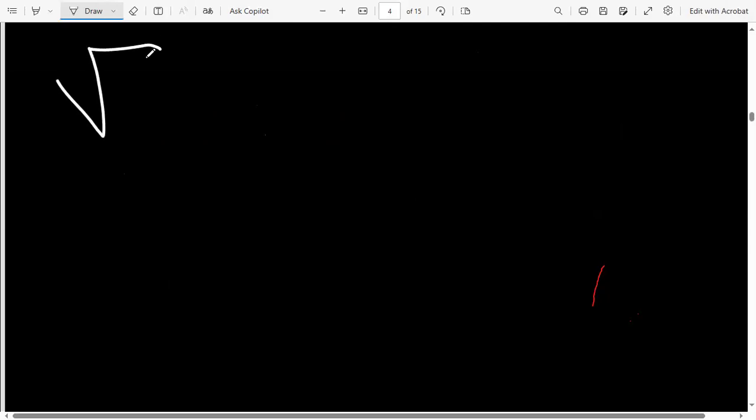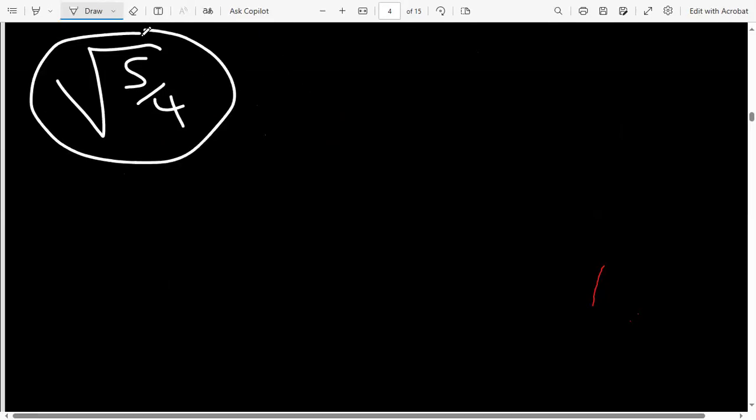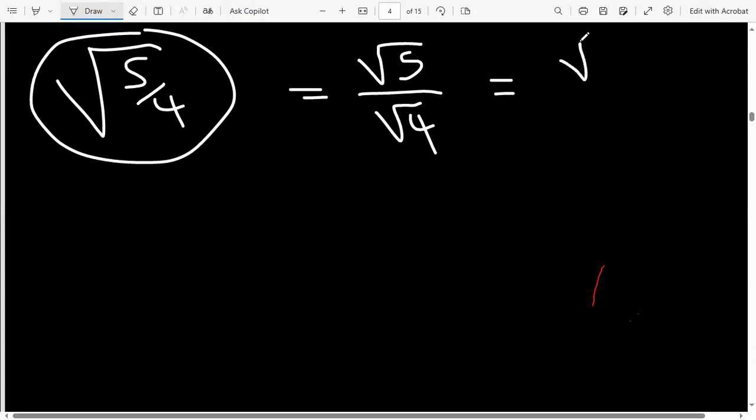So if we had the square root of 5 over 4, on the other side, you realize that the 5 does not have a perfect square, but the 4 has. So if you want, you can leave it the way it is, or you can distribute the root to the 5 on top and the root to the 4 below there. So you can have your answer as root of 5 divided by 4. So this will be plus or minus, and then you add whatever you have here in front.